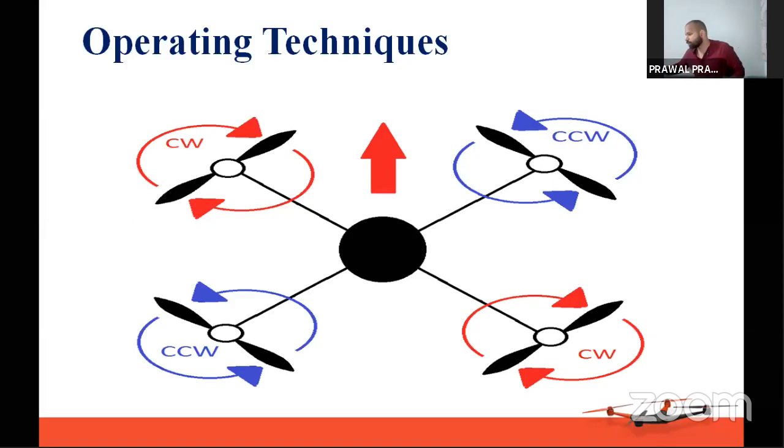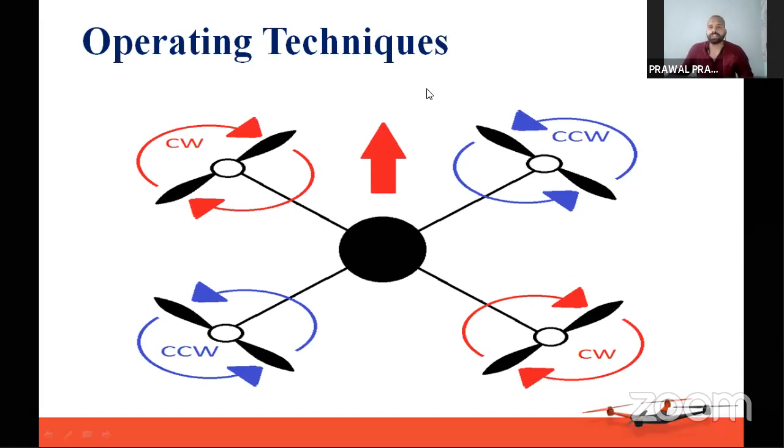The exact answer is, you might have heard about Newton's third law, action and reaction. Now, what does that third law say? That third law says that every action has an equal and opposite reaction.